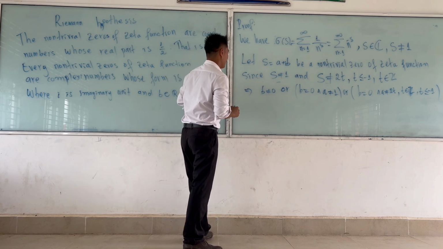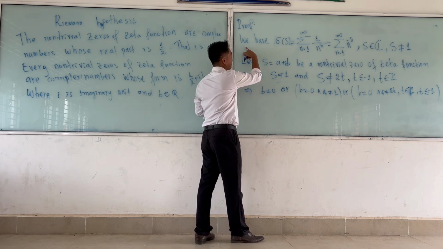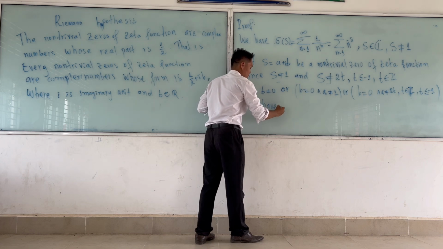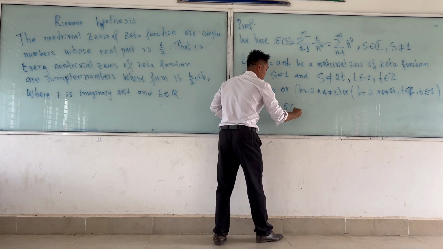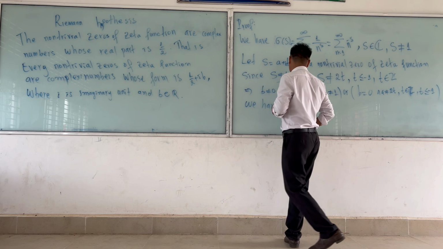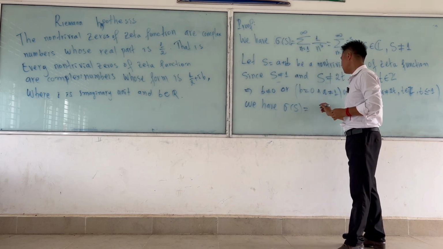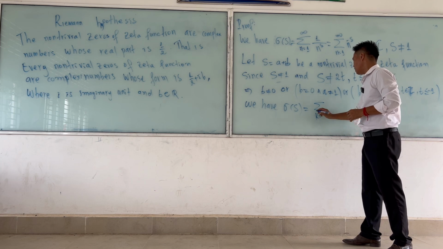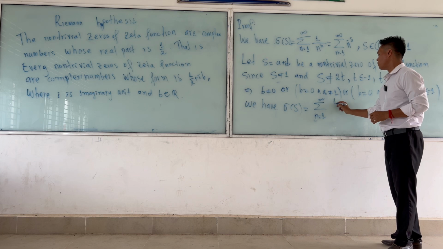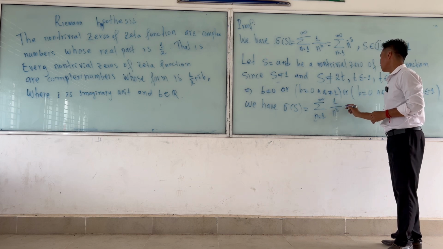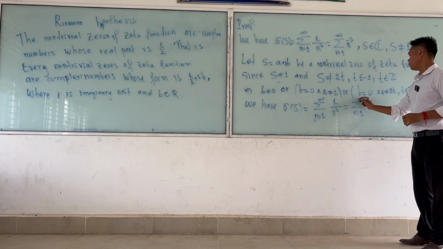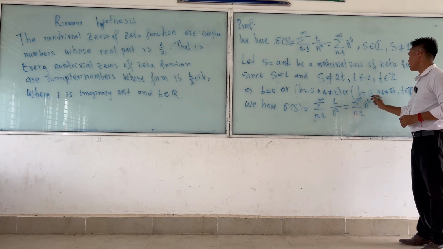We continue here. Okay, like I say here, we have zeta s, Riemann zeta function, equal to what? Equal to sigma n from 1 to plus infinity 1 over n power s, or equal to sigma n from 1 to plus infinity n power negative s.